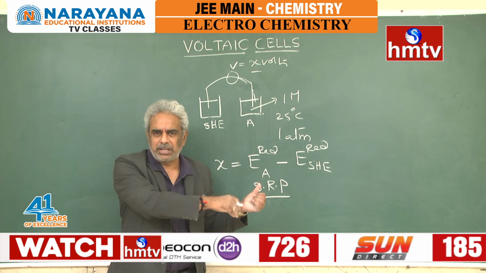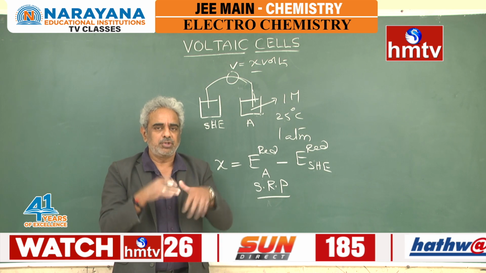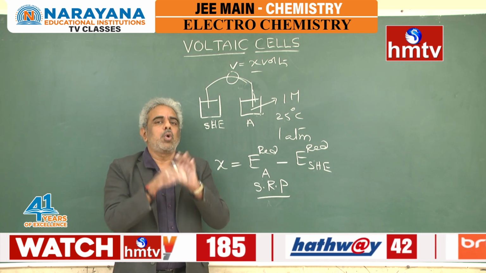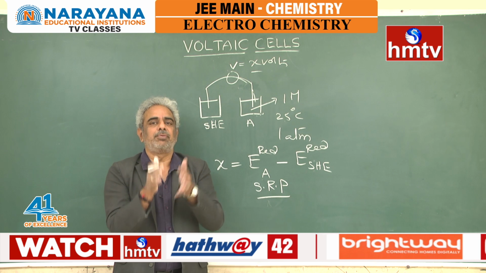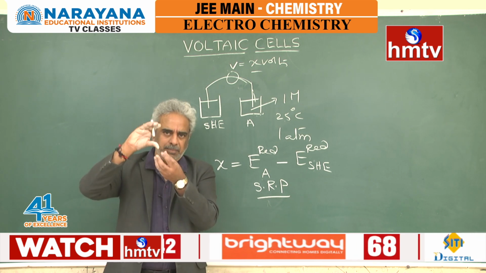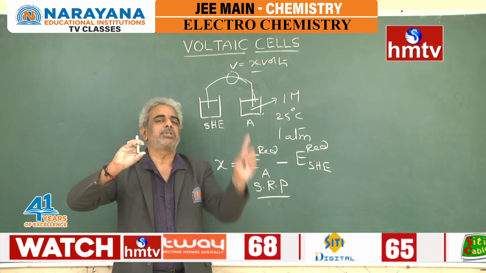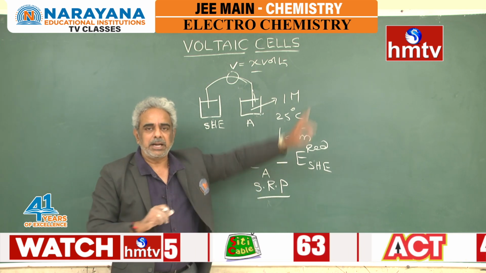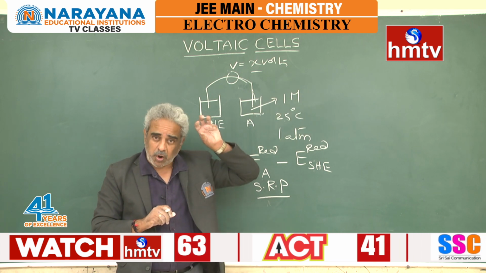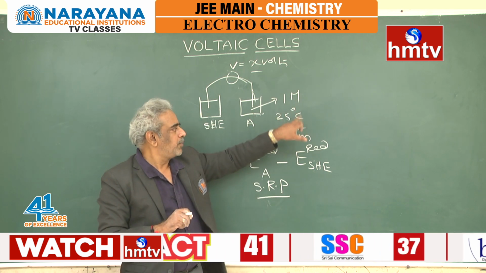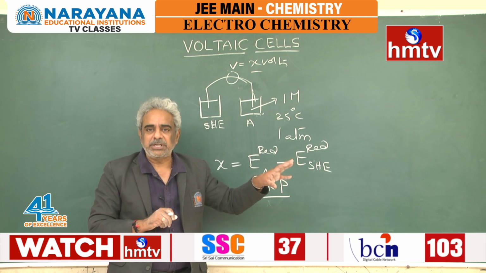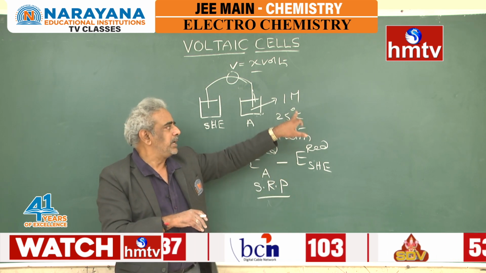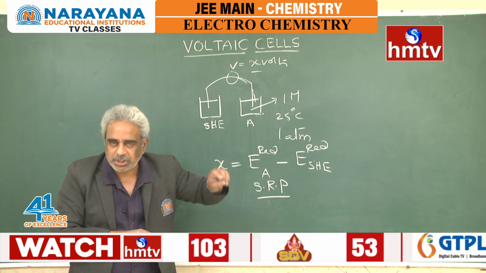I will tell you some examples of some good electrodes which will frequently occur, and those electrodes' potentials, if you want to know, just make an electrode, connect it with standard hydrogen electrode, see that standard conditions are maintained, like 1 m concentration of all the ions, 1 atmosphere pressure of all gaseous species if at all there, and maintain 25 degrees centigrade temperature.